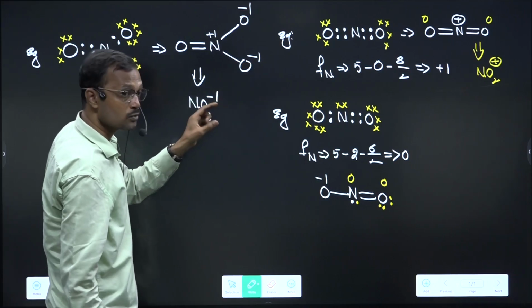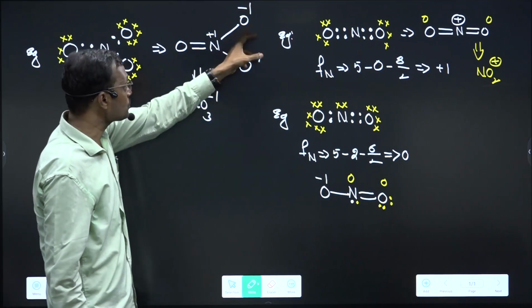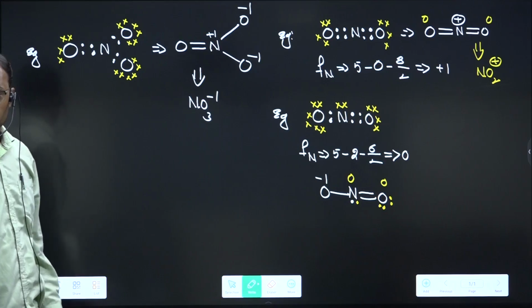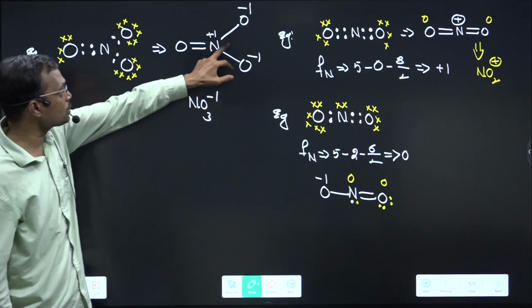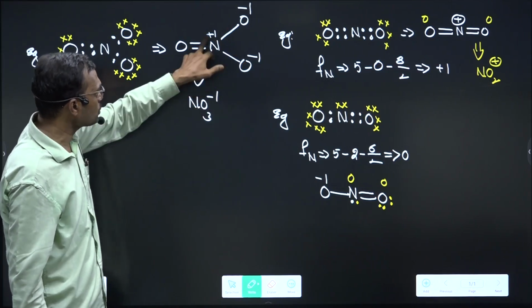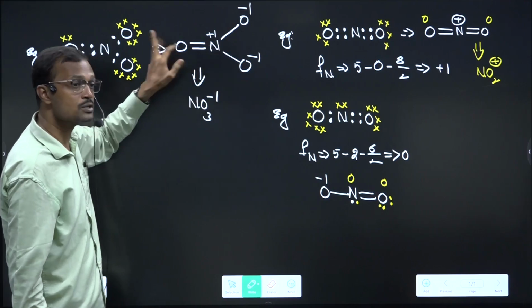Then see NO3 -1. In NO3 -1, what are the formal charges of the oxygens and nitrogen? Like that they will ask. Nitrogen is plus. Two oxygens are -1, -1. One oxygen is 0.